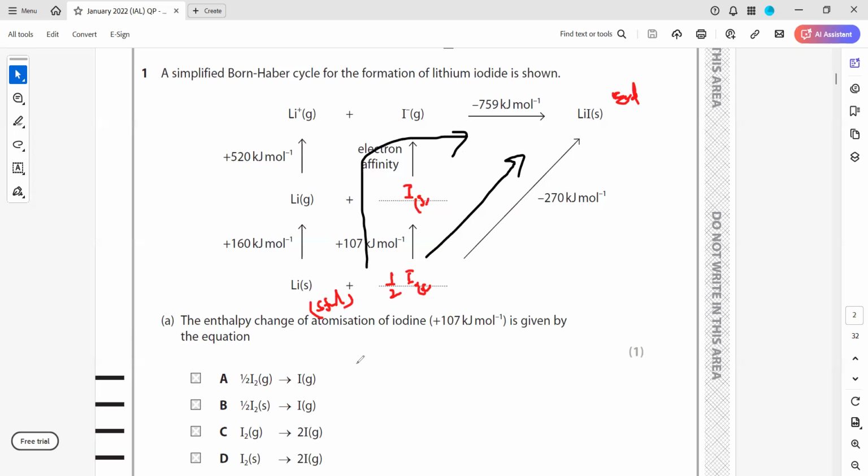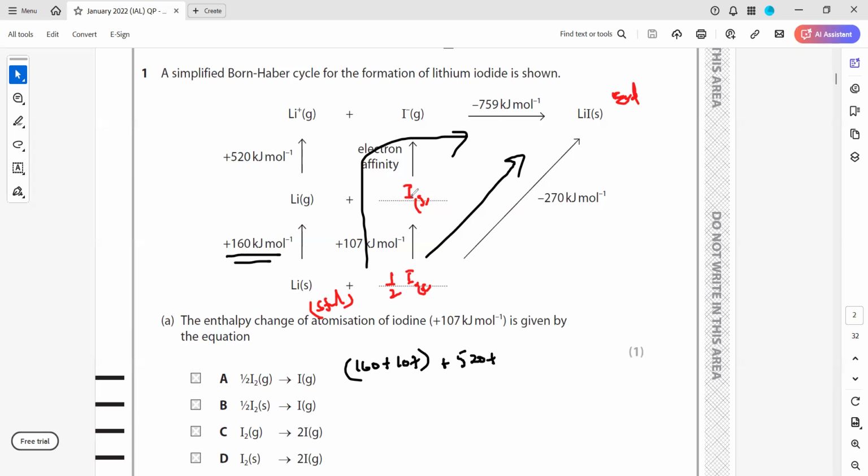So I will simply add 160 plus 107, then plus 520. This is 160 because I have to take both, the full amount, because we have the lattice energy of lithium iodide, which includes the lithium also. First lithium is atomized and then lithium is ionized.